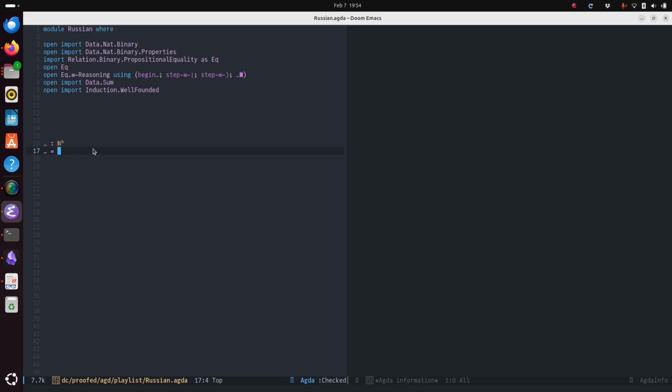11 is an odd number, so we'll have to use the odd constructor. Now 11 is 1 plus twice of 5. 5 again is an odd number, so we'll have to use the odd constructor again.